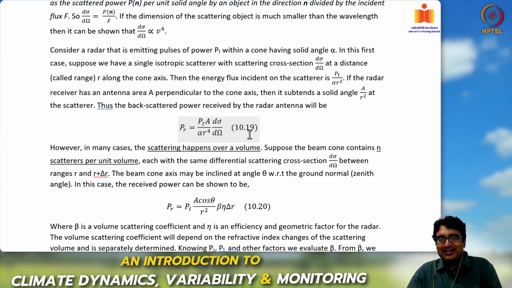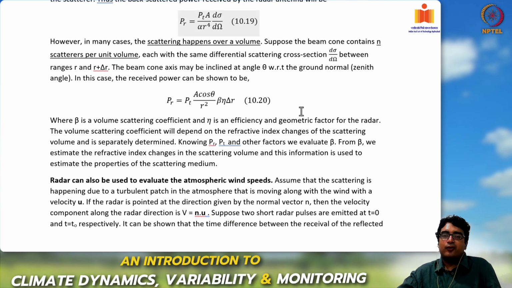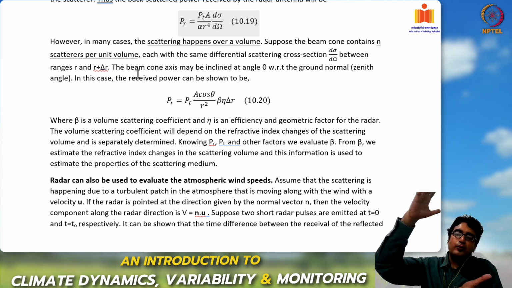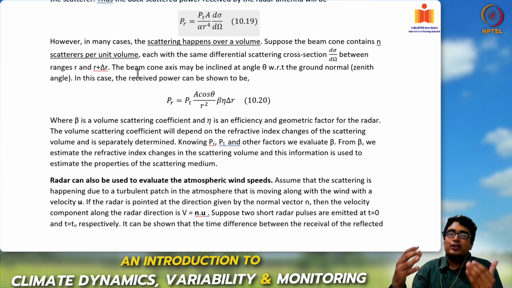However, in many cases, scattering happens over an entire volume. Suppose the beam cone contains n scatterers per unit volume, each with the same differential cross section d sigma d omega. So instead of a single surface, we have a large volume over which the scattering is happening and which contains n scatterers per unit volume.